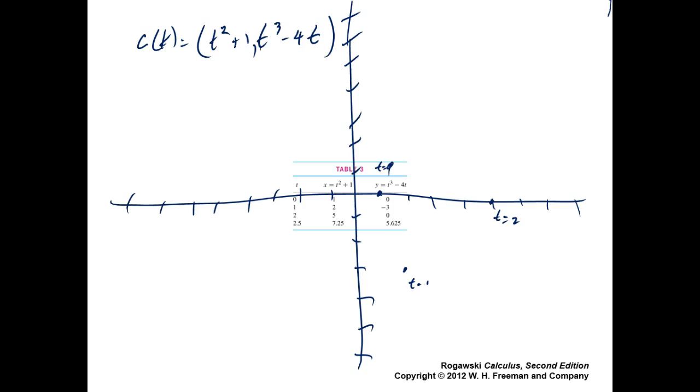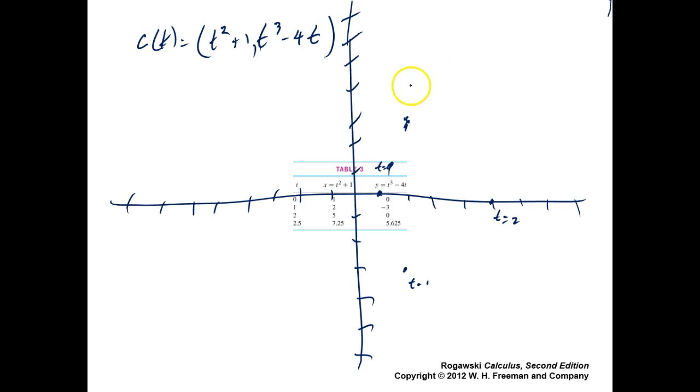Maybe a negative 1? What would that be then? 2, 3. All right. There we have it.